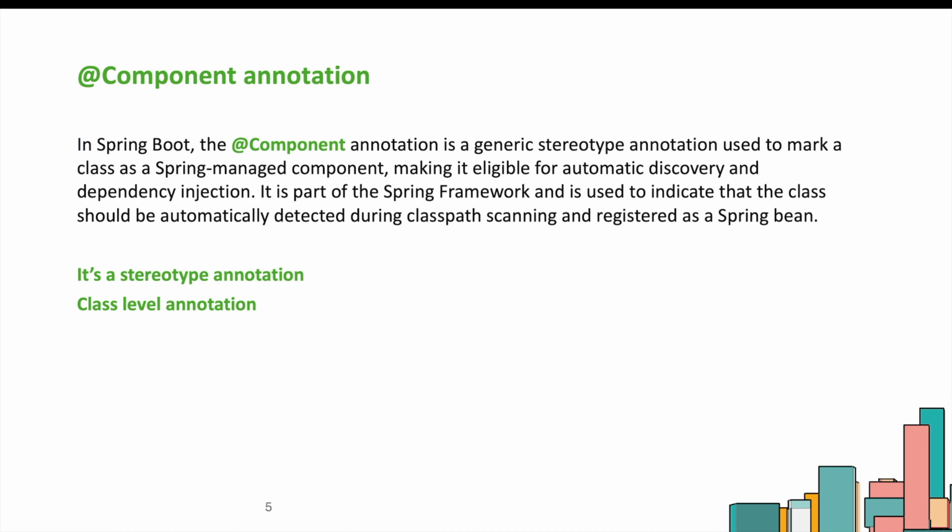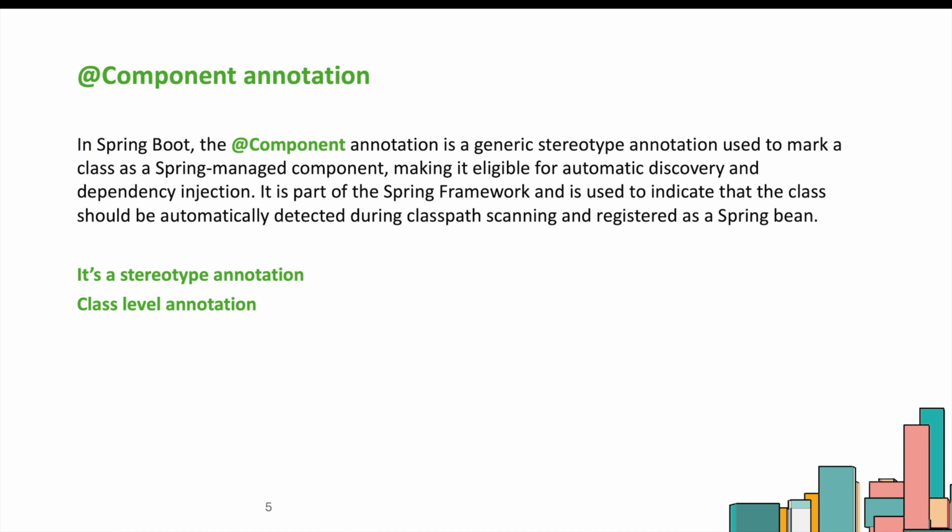If you put component on the top of any class, when the main application starts, Spring will create the application context. During that time, it will find all the components, all the stereotype annotations, either repository, component, or service, and initialize those objects, which will be available in the application context.